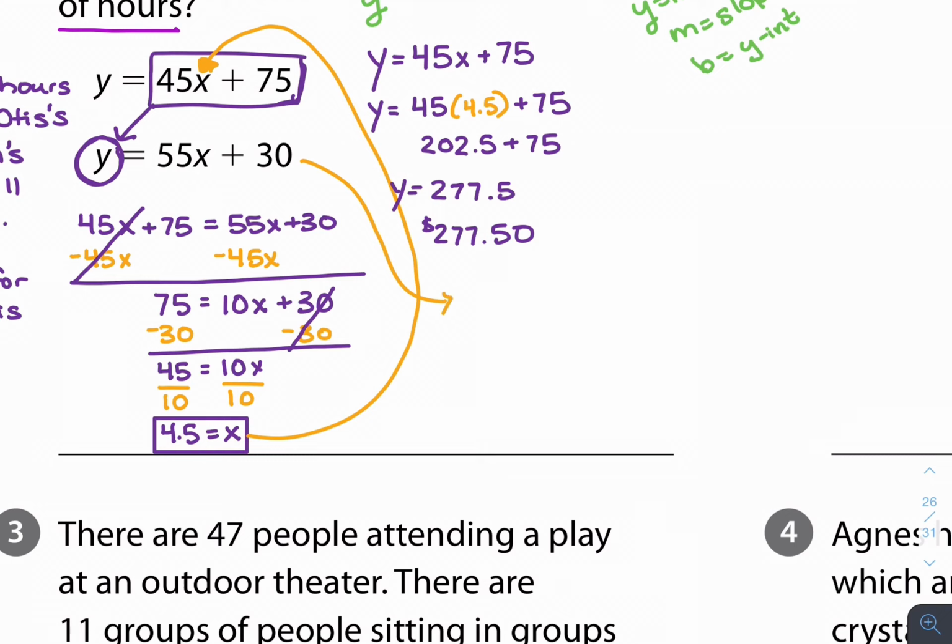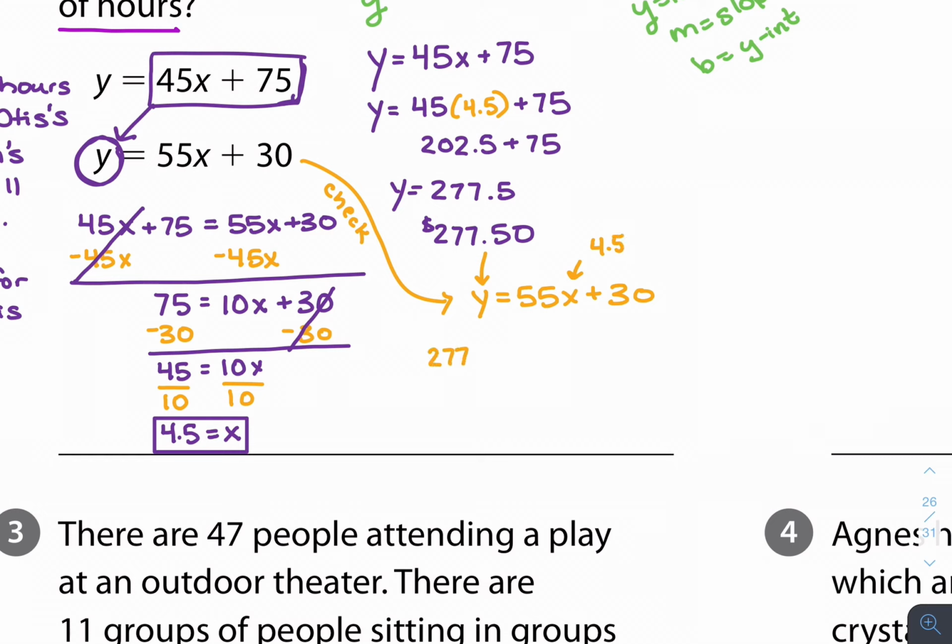And now I'm going to do a quick check using the second equation. So I'm just going to write check. And I'm going to erase that so it doesn't get confusing. So I'm going to write the second equation, y equals 55x plus 30. And I'm going to substitute both values in this time. So I'm going to put 277.5 in for y, and I'm going to put 4.5 in for x.